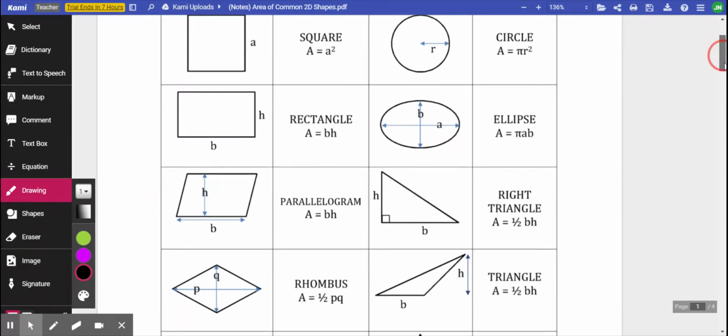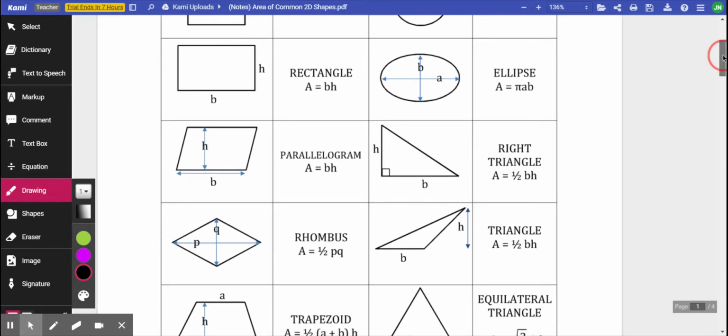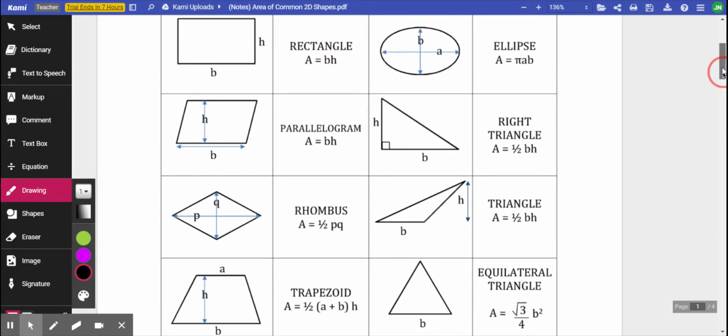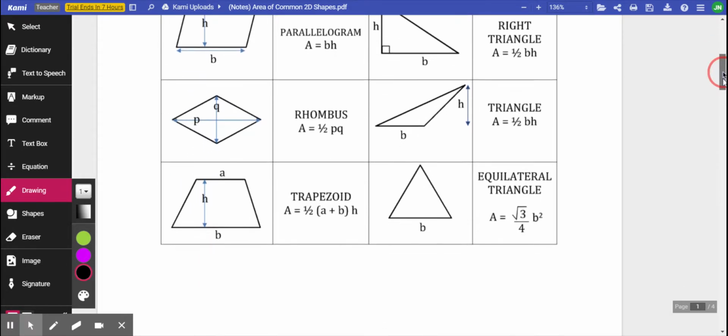And then for a parallelogram it is base times height. For a right triangle, or actually I should say any triangle, it is 1/2 base times height. For a rhombus it is 1/2 PQ, kind of like the same as an ellipse. The difference is that you multiply by 1/2, not by pi.